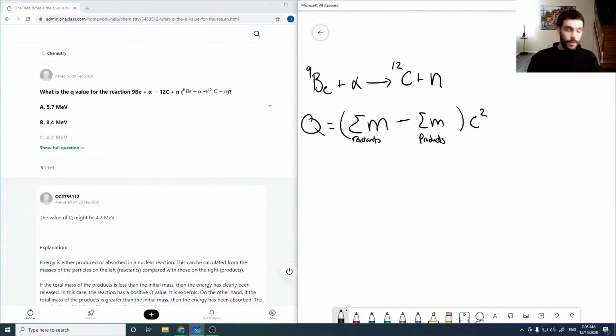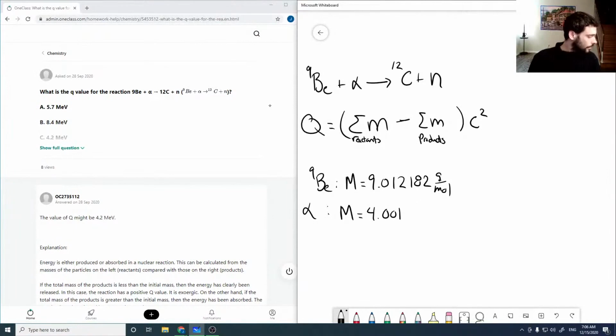So for beryllium-9, our mass is 9.012182 grams per mole. For an alpha particle, which is a helium nucleus, it's 4.001506 grams per mole.